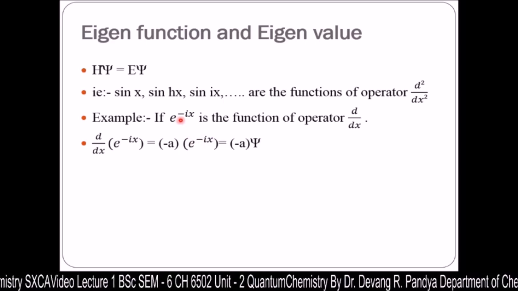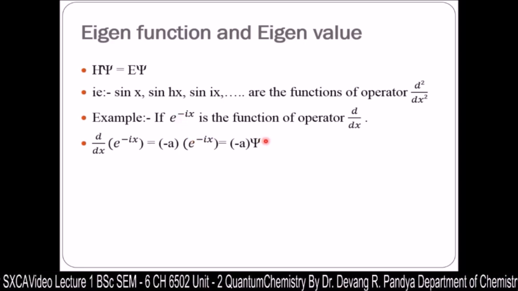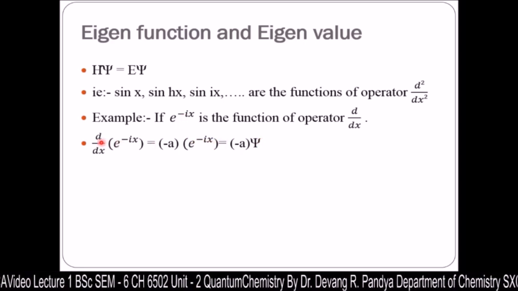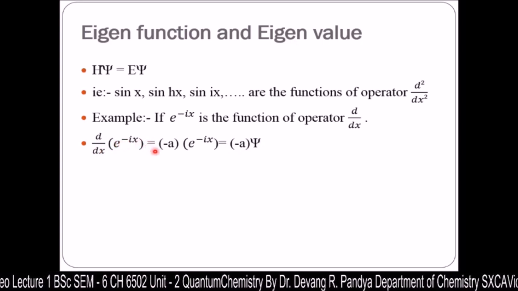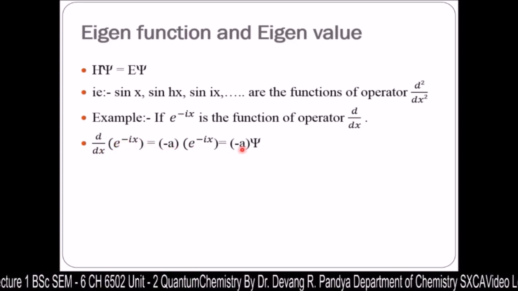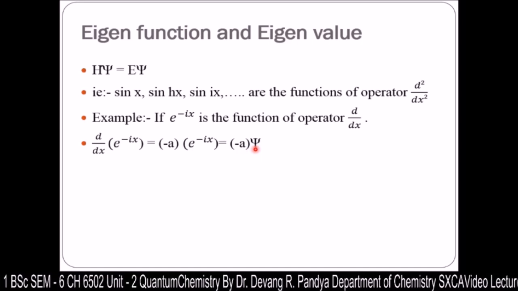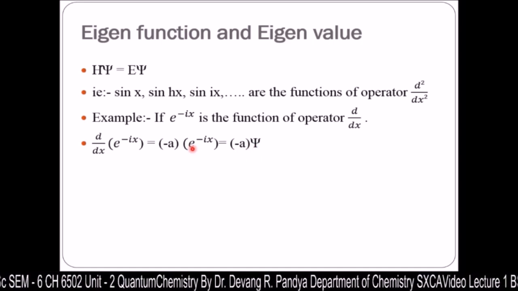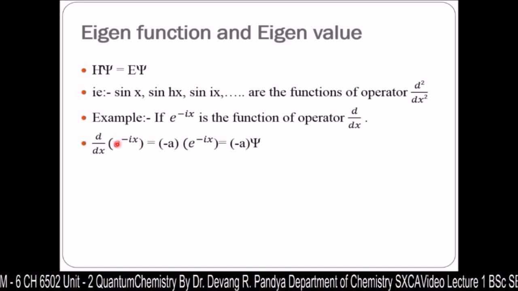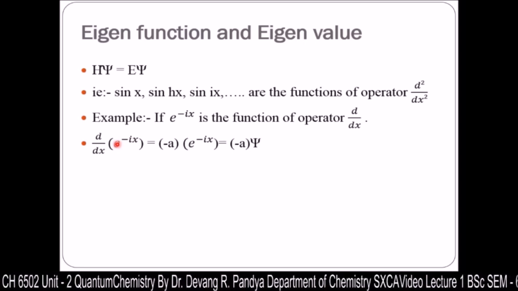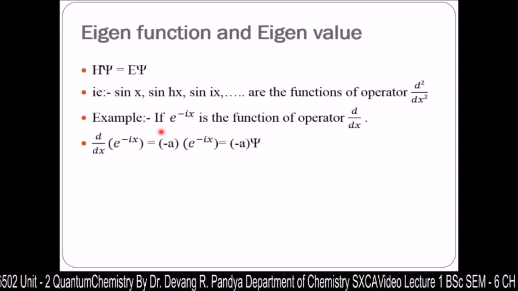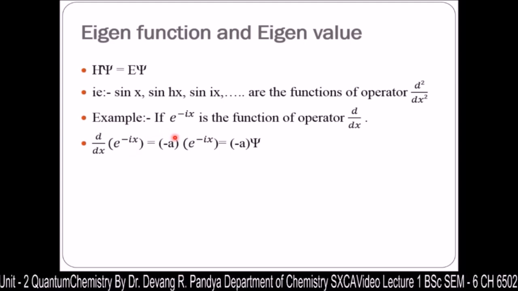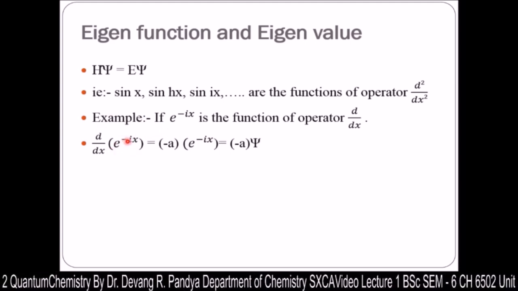This is our wave function, so instead of this I can put psi. So d by dx psi is equal to minus a psi. That minus a is the constant value and psi is the same function which we had before the operation. So the same function is obtained after the operation done by the operator on the operand.